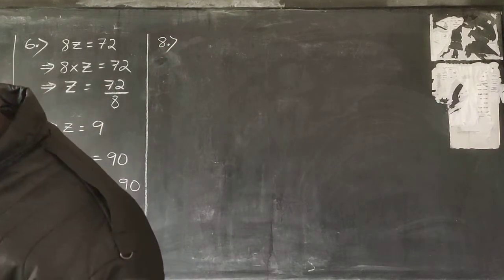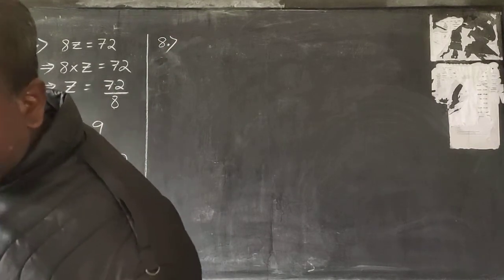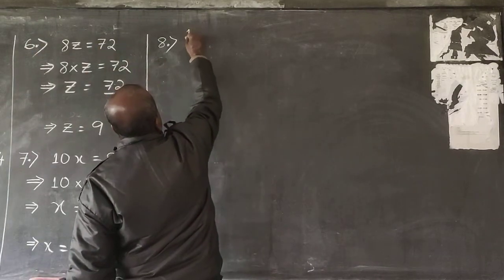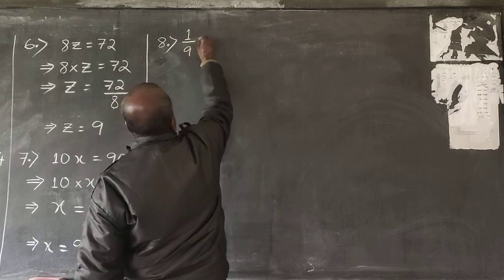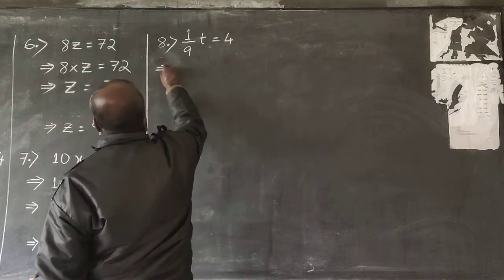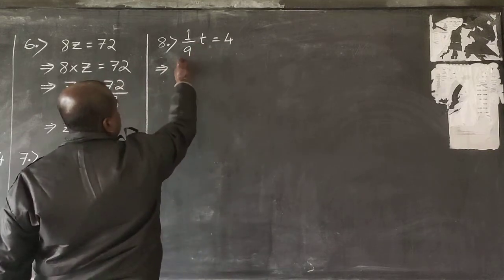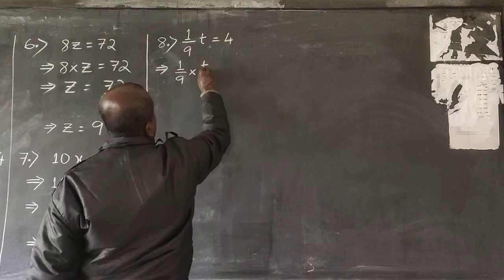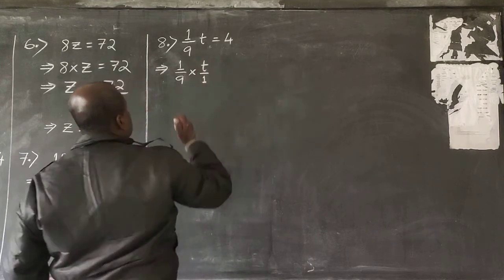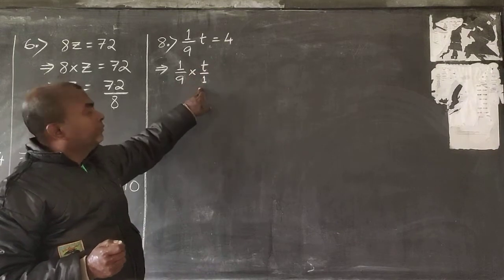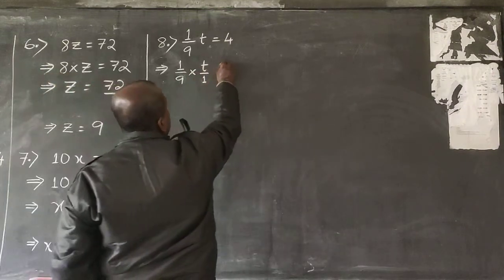Next question is 1 by 9 t equals to 4. Now no sign means multiplication sign. And as usual this t is in the numerator, and by default 1 is there in the denominator.